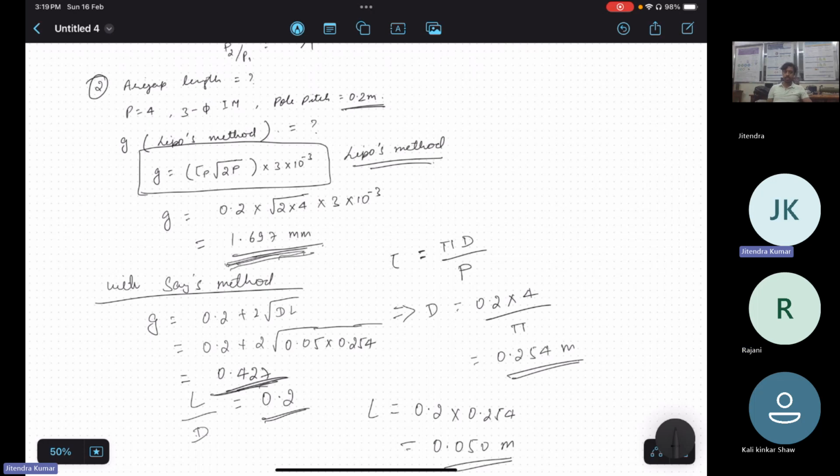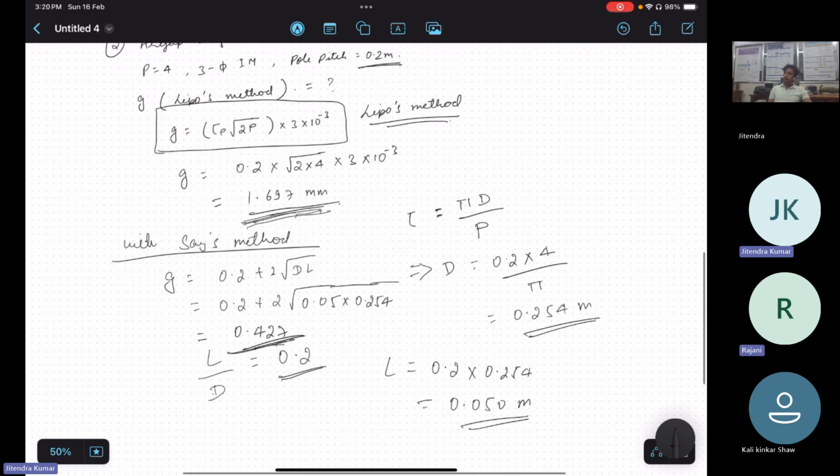And it depends not only on dimension but also on how much electric loading and magnetic loading is present in the machine, so how much kVA rating of the machine also determines. Okay, sir, fine.